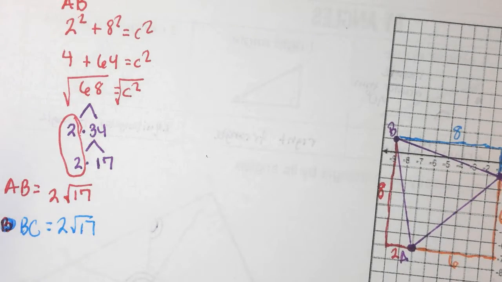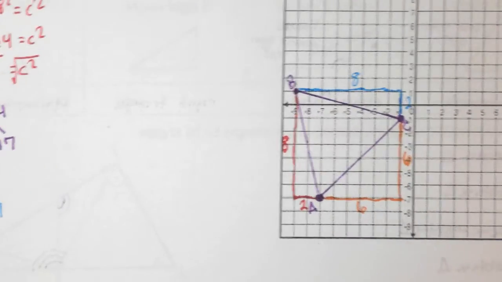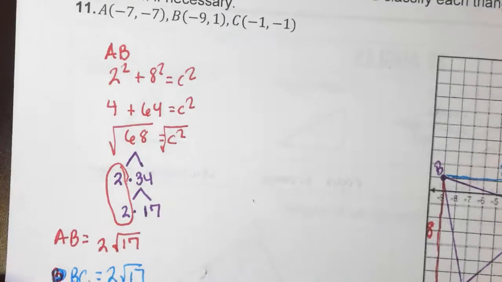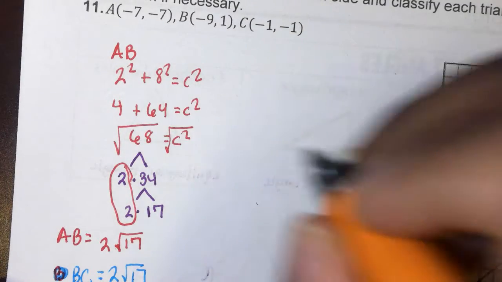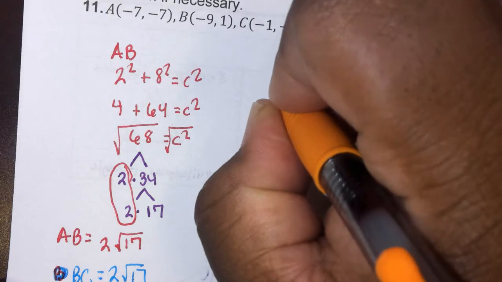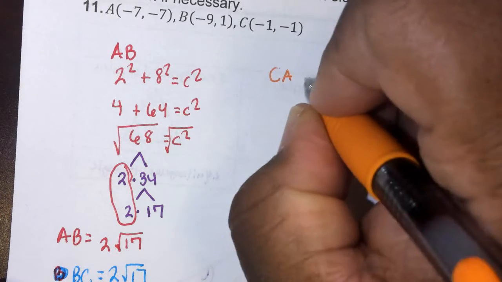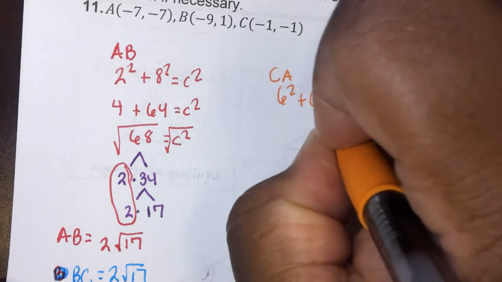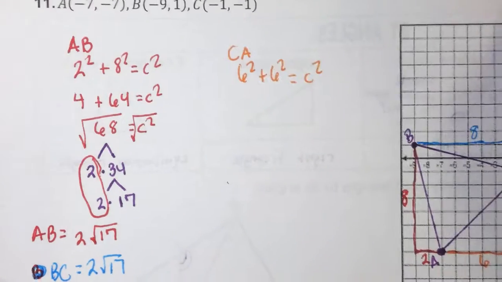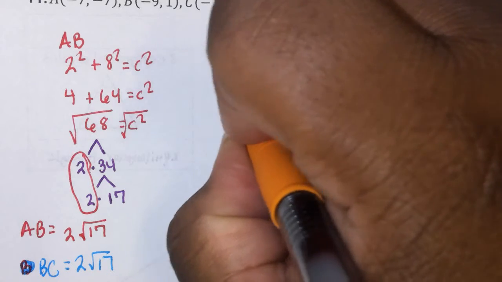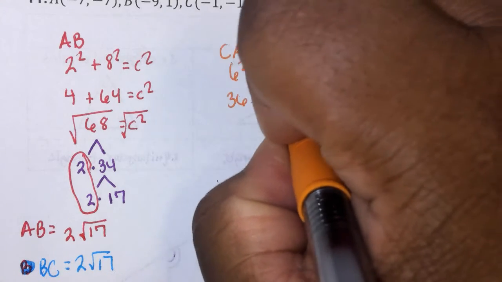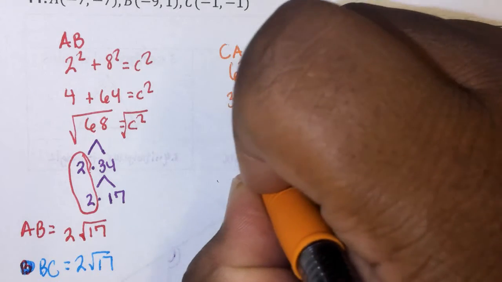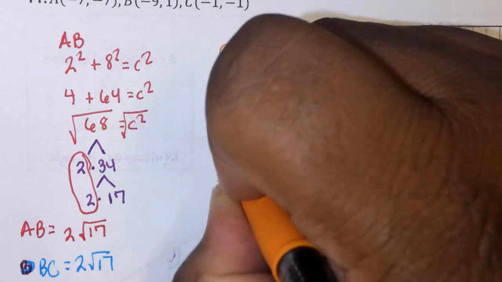So you already got 2 of your sides right there. Then you just need to check that third side and see if it's equal to these first 2 or not. The third side is going to be CA. So CA is 6 squared plus 6 squared equals C squared. 36 plus 36 is 72 equals C squared.